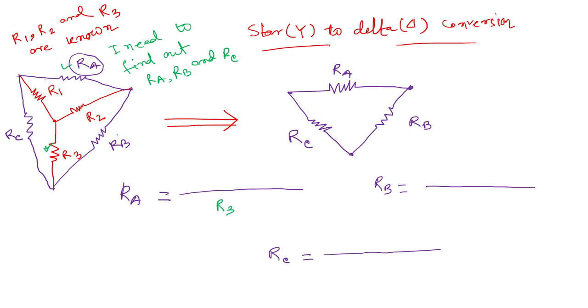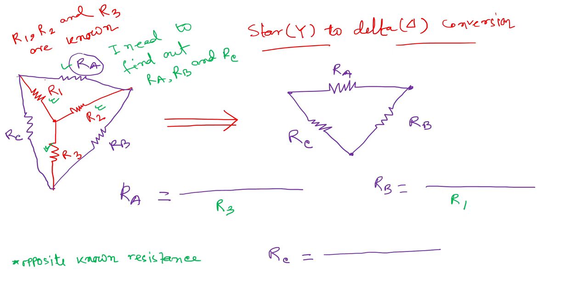Similarly, for RB, its opposite known resistance is R1, so I write R1.